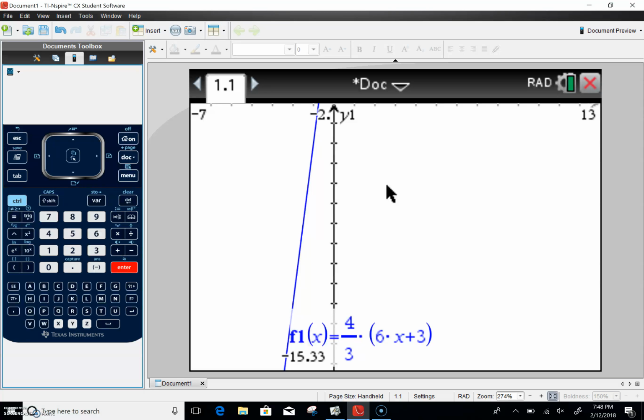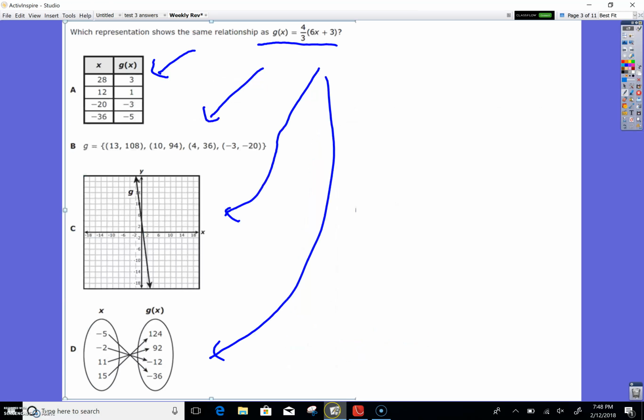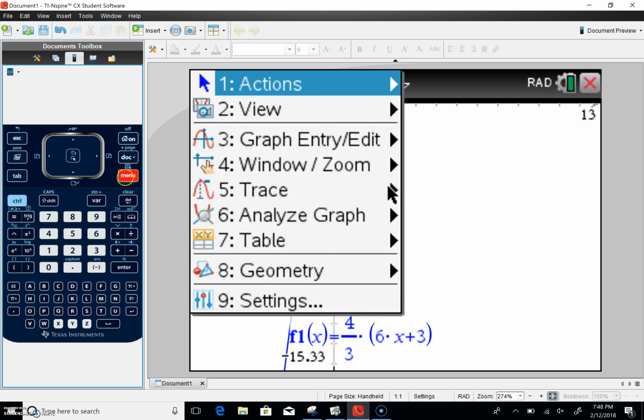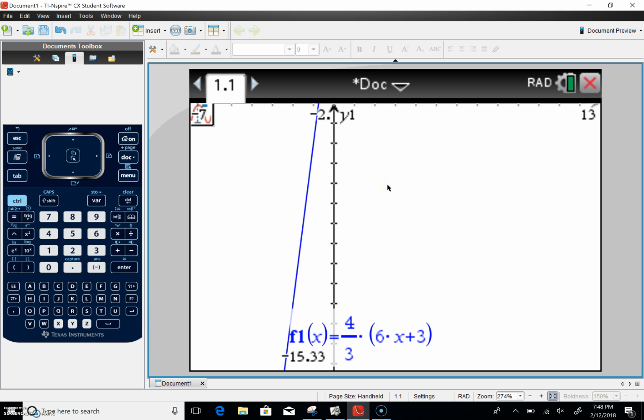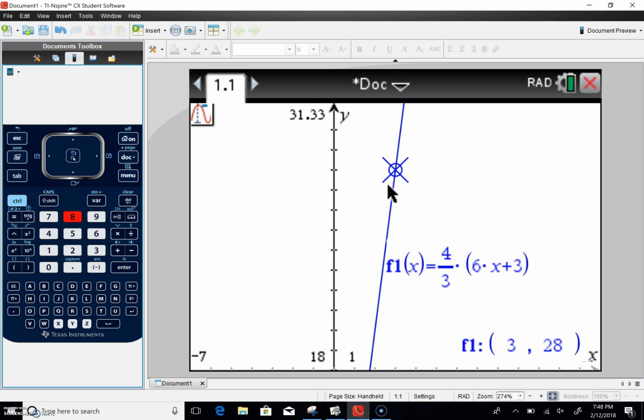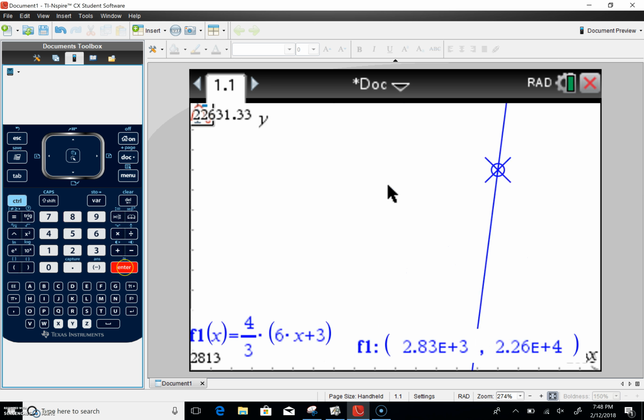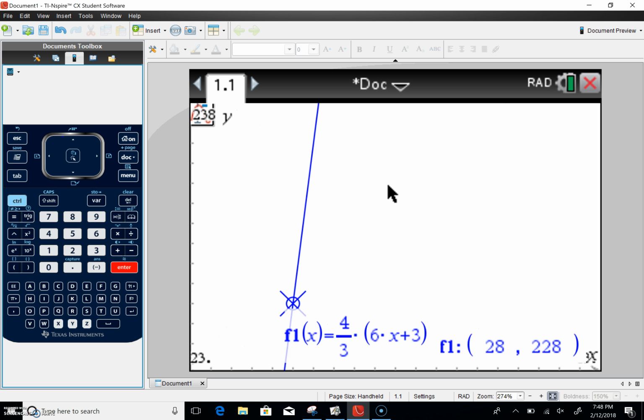Okay, so my graph looks like that. So I know it doesn't look like that. First number is 28, I want 3. Okay, so I'm going to menu, trace, graph trace. 28, enter. 28, they got 228.